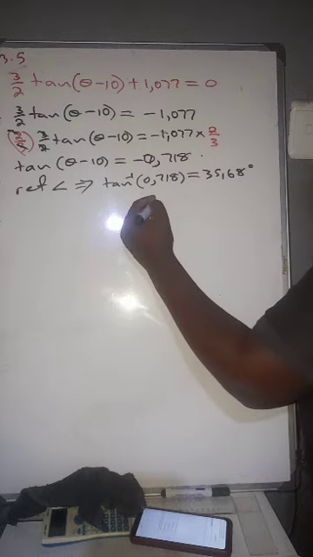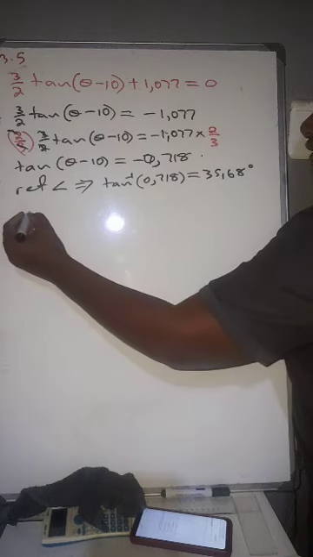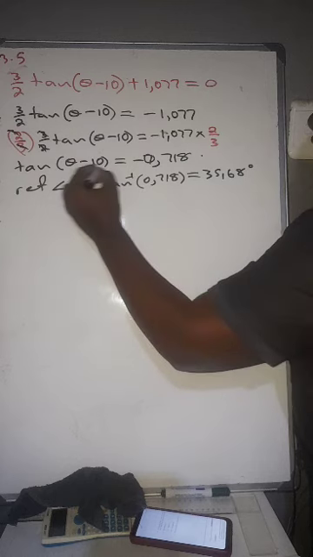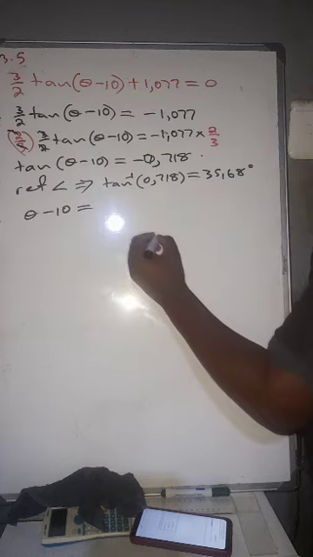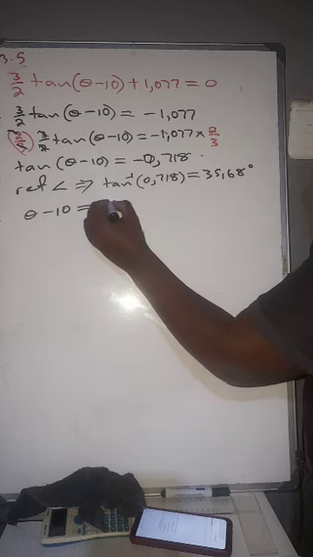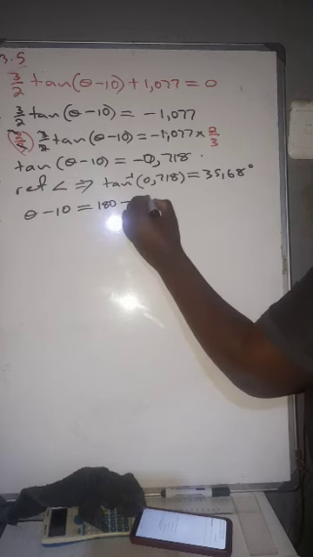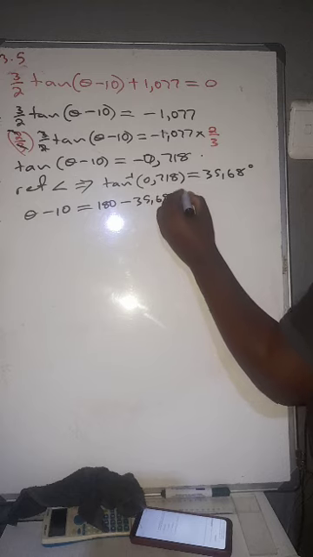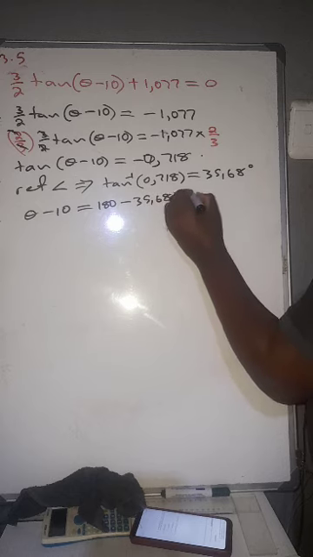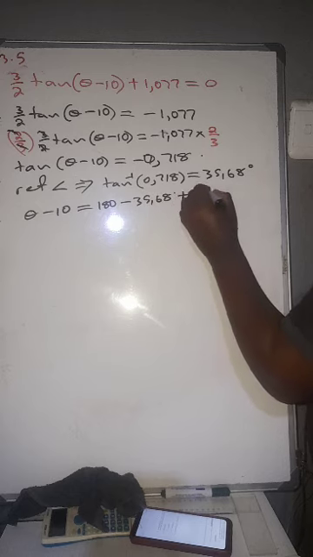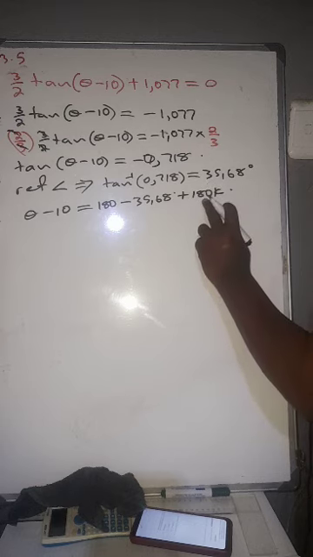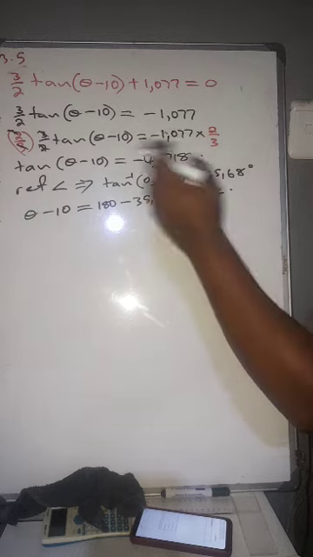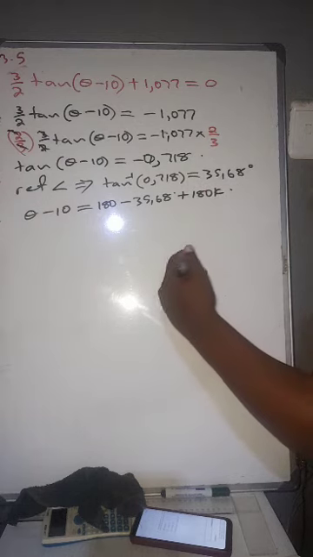So let me write from the second quadrant, theta minus 10 is equal to, in the second quadrant is 180 minus 35,68 degrees plus 180k. Instead of writing 360, we write 180 because the 180 is going to help us to alternate between the second and the fourth quadrant.